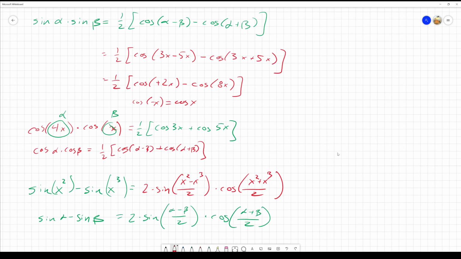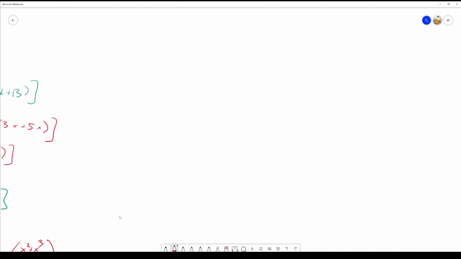But what I was going to do, just for the heck of it, is now at the end of the video talk about how you can actually derive these things in the first place. So the trick here is that the cosine of alpha plus beta is the angle sum formula: cosine alpha cosine beta minus sine alpha times sine beta.